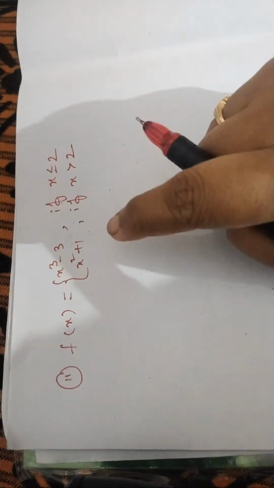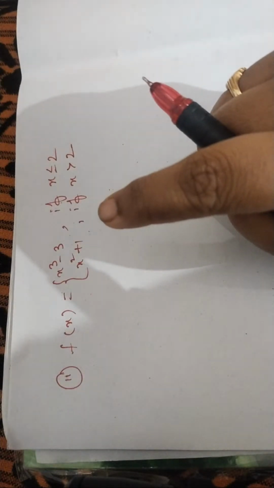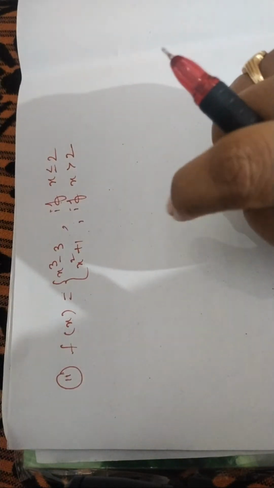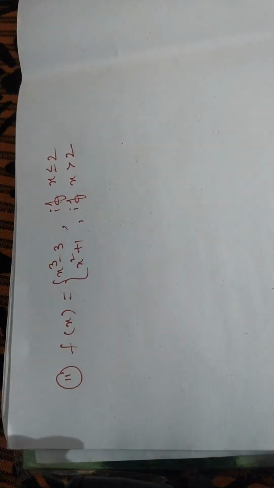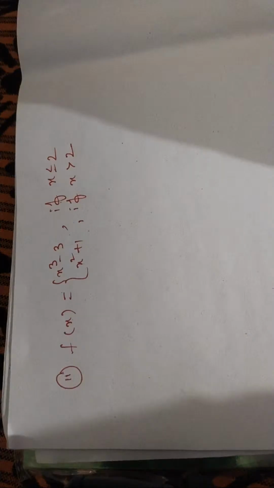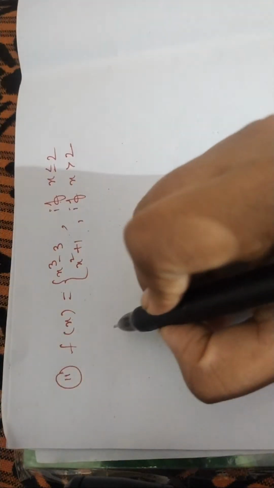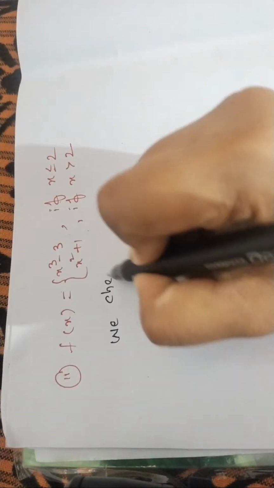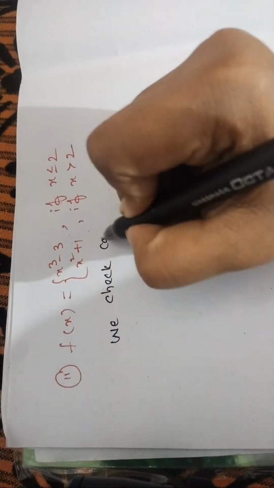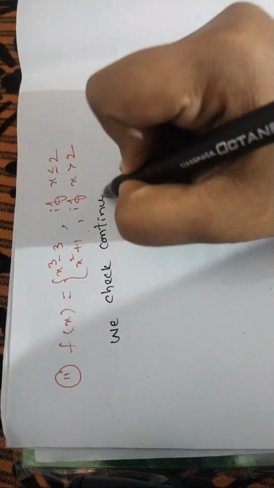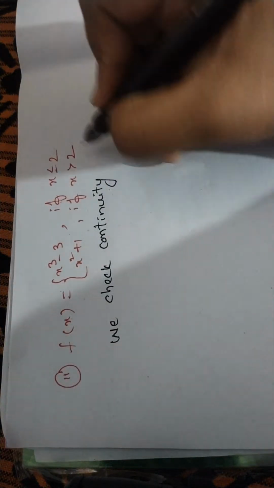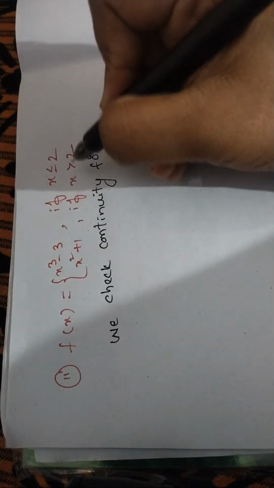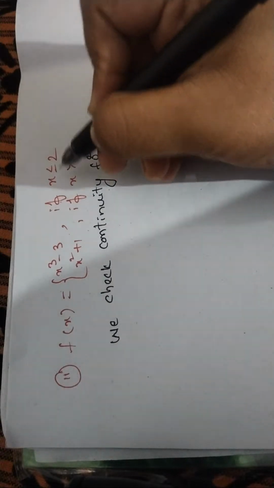If it is not continuous, then that point is discontinuous point. So first we check continuity. We check continuity for different values of x. What are the different values of x here we check?